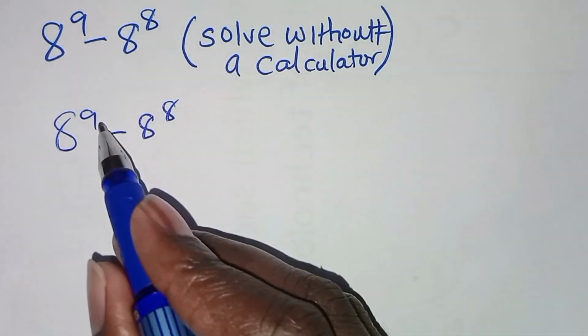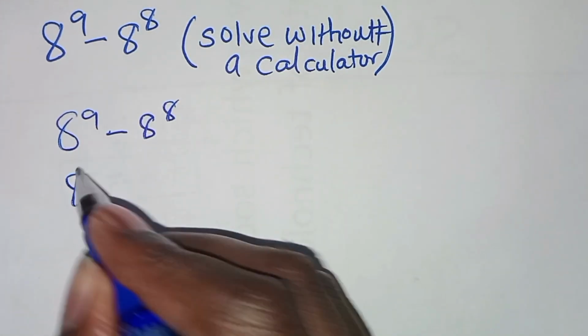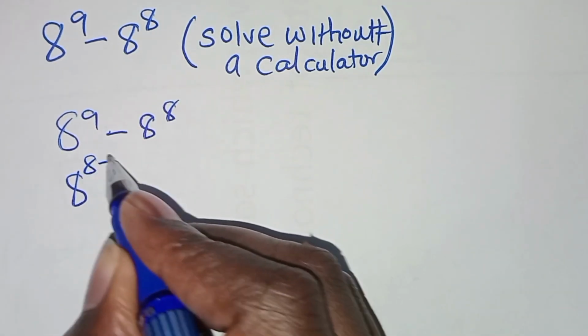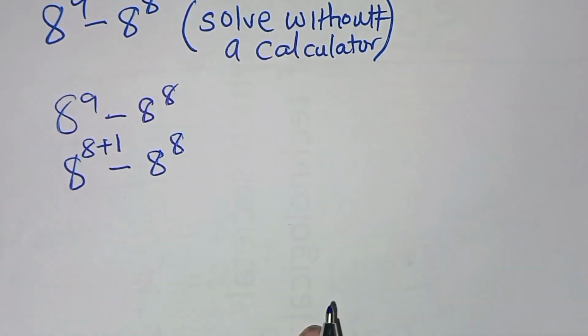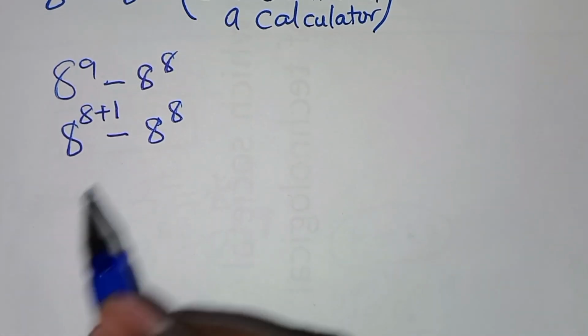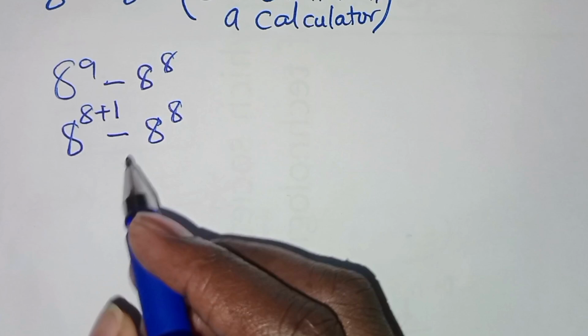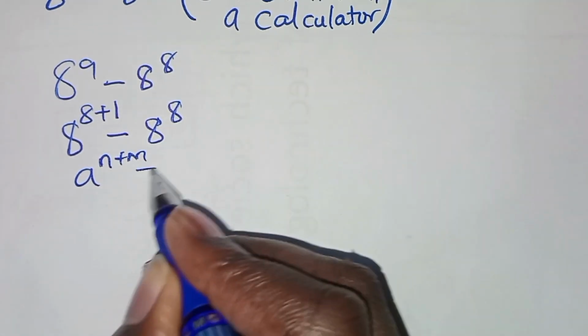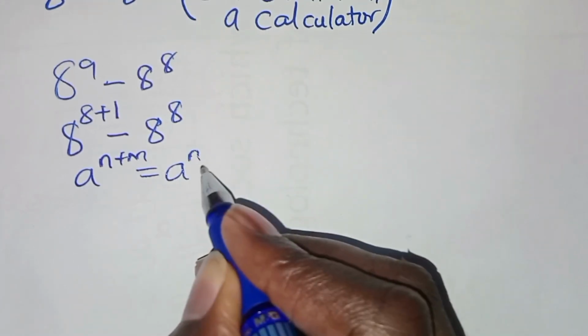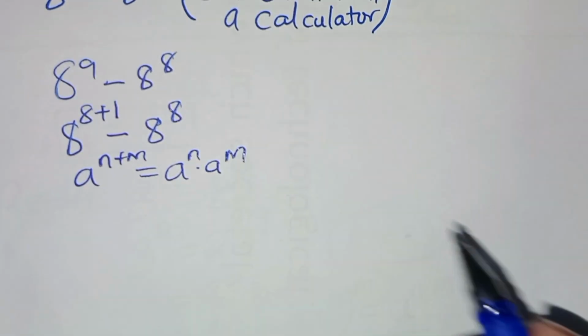We can express 8 to the power 9 as 8 to the power 8 plus 1, subtract 8 to the power 8. Okay, now 8 to the power 8 plus 1 is in the form of a to the power n plus m, which you can express as a to the power n multiplied by a to the power m.